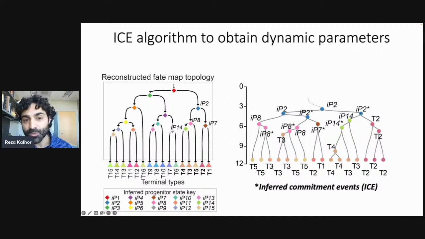Those are divisions in which a cell of a particular progenitor state gives rise to two less potent cells. We call these inferred commitment events. They are labeled with asterisks on this small phylogeny, which you see here, for instance, 2 giving rise to 14 and 2, which are both less potent. So this is an ICE, whereas this one isn't, because 2 is giving rise to 2 other state number 2 cells.